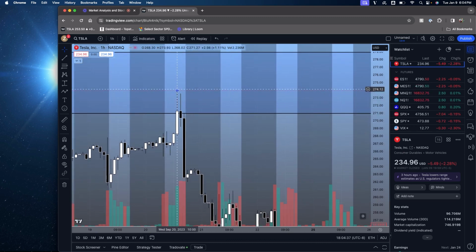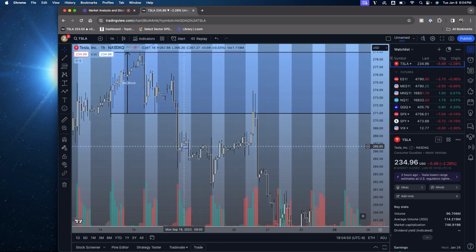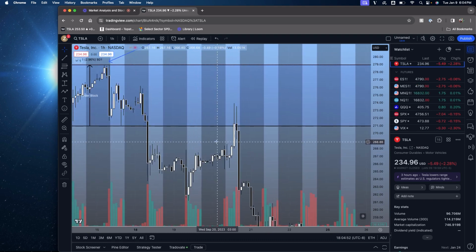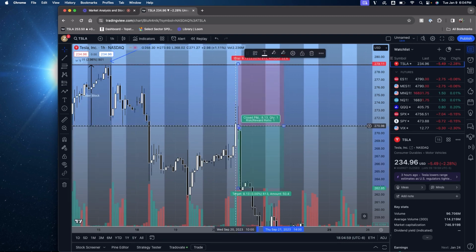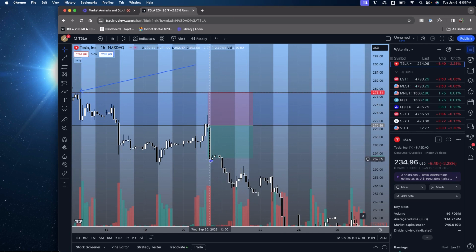So we saw that Tesla ended up coming up upside within the 271 to 279 range, and we ended up making an impulsive move down. So if I did want to trade this, we would end up seeing this. I would end up taking short positions, and this would look more or less like what my entry would be.